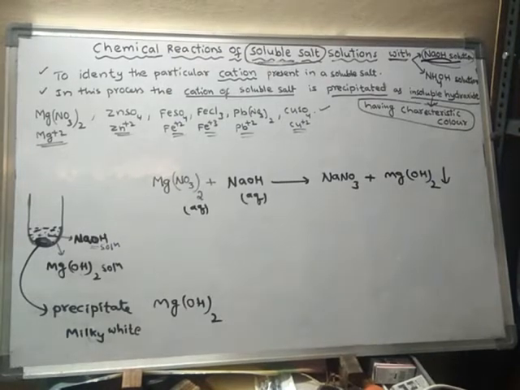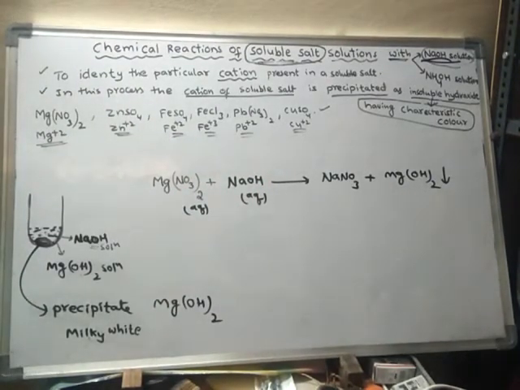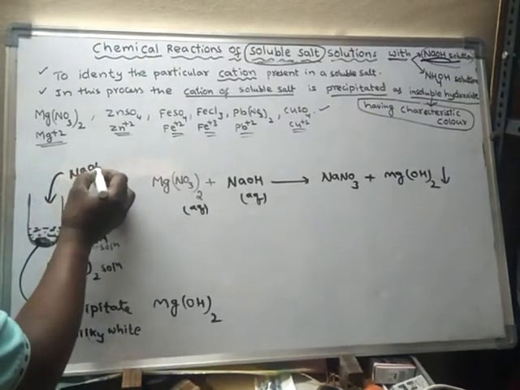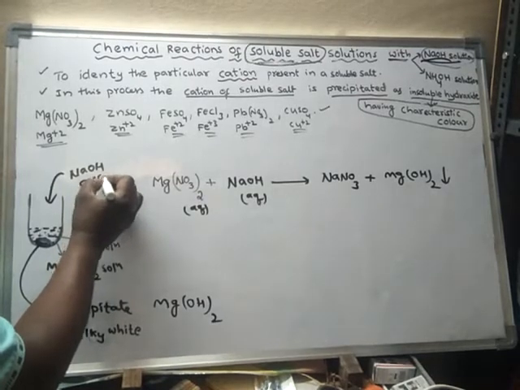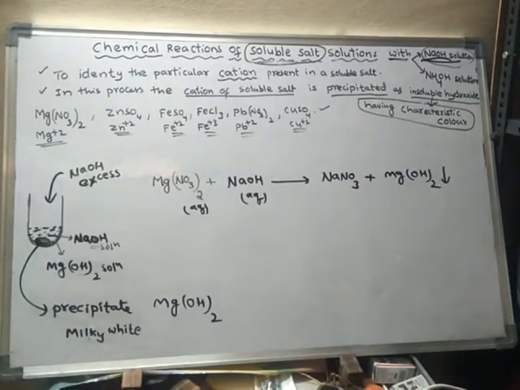Now after the formation of this insoluble precipitate, what we have to do is add an excess amount of NaOH.